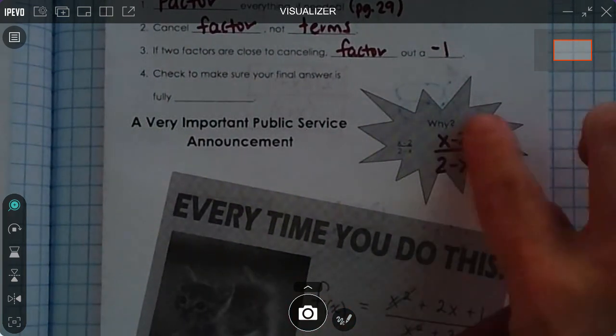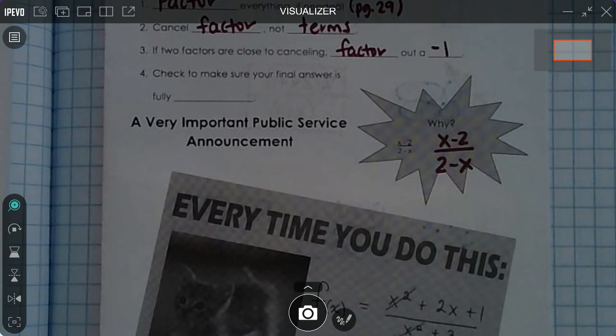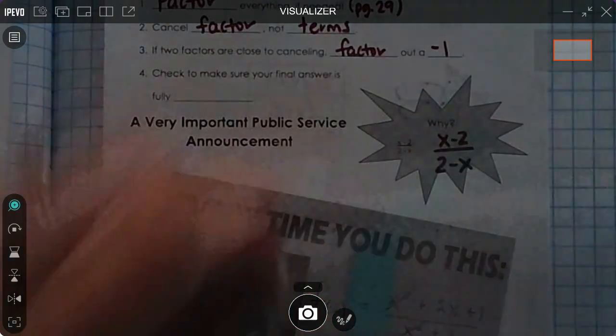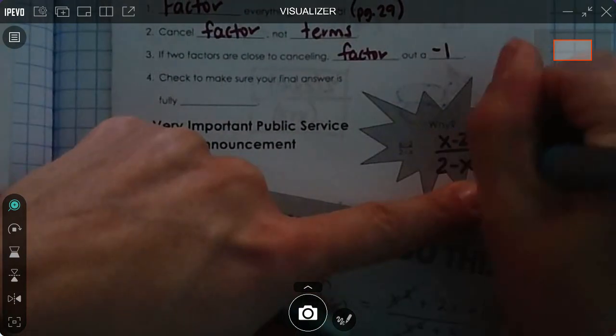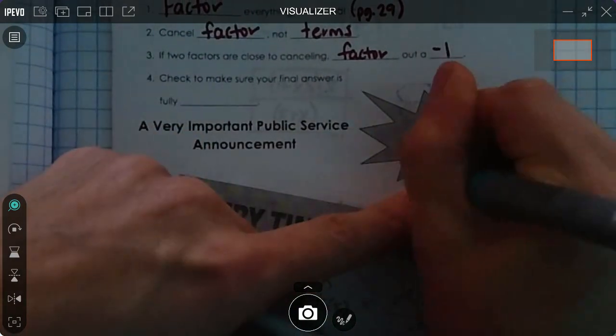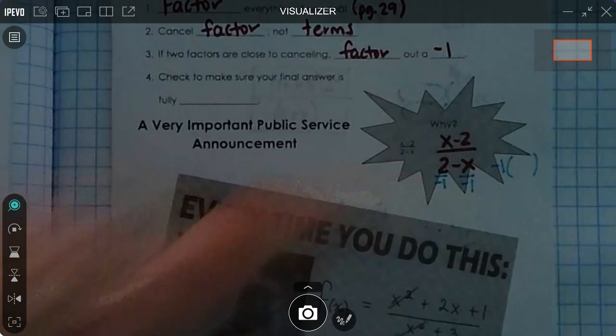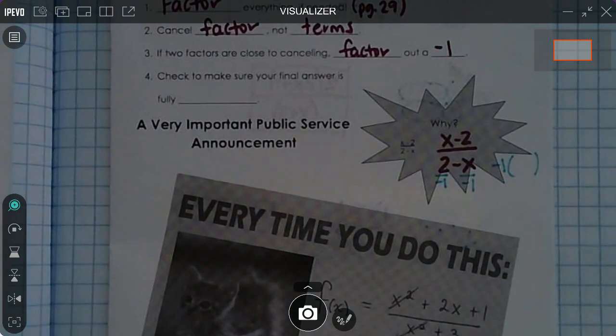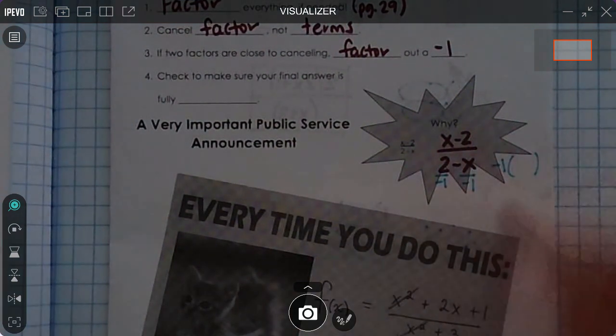Do y'all agree that the top and the bottom look very similar? x minus 2 and 2 minus x. Do they mean the same thing, though? No. Because when you subtract, order matters, right? So on the bottom, if I factor out a -1, that means I'm taking both of these terms and dividing by -1, right? What's 2 divided by -1?